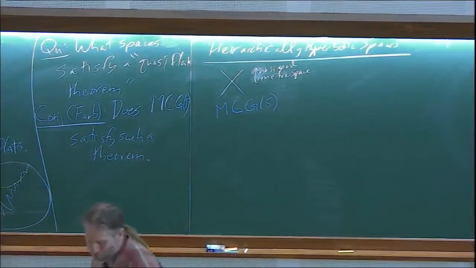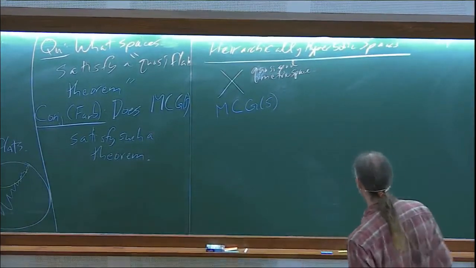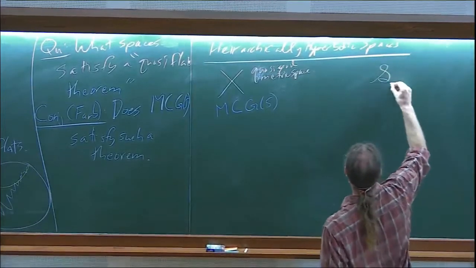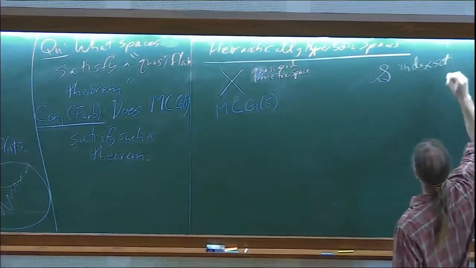In addition to having our quasi-geodesic metric space, we'll also have another set, which I often call script S, which is our index set.